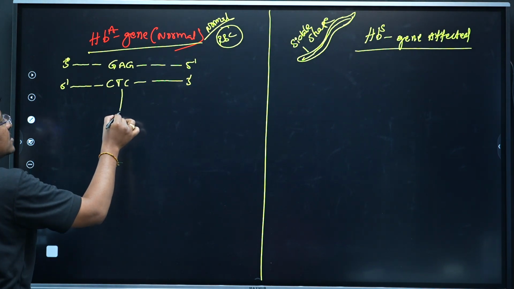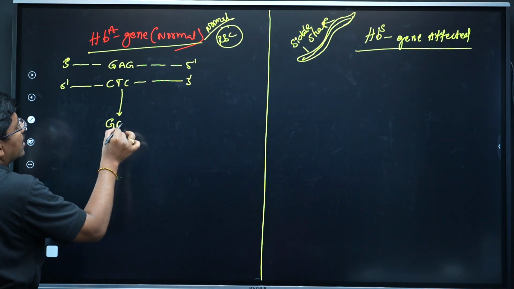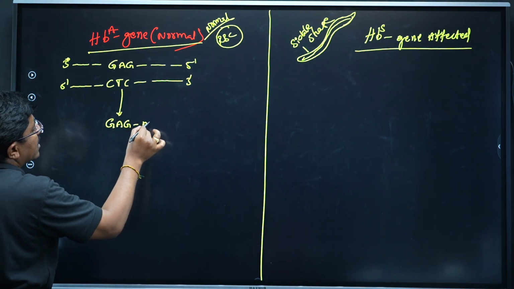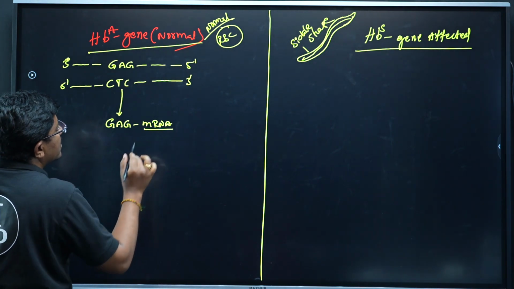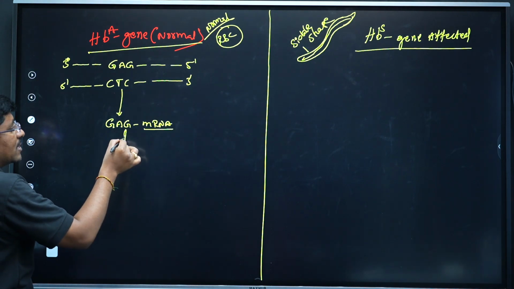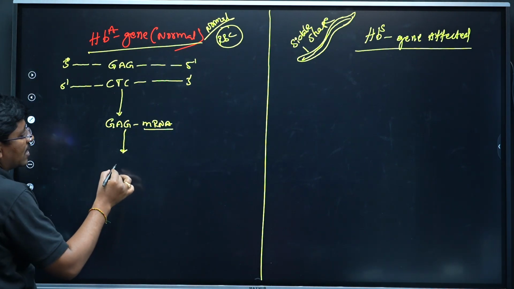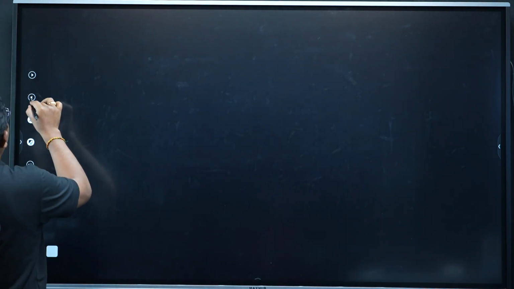See, it is synthesizing the mRNA. In this mRNA synthesizing process, what is the beta polypeptide chain?